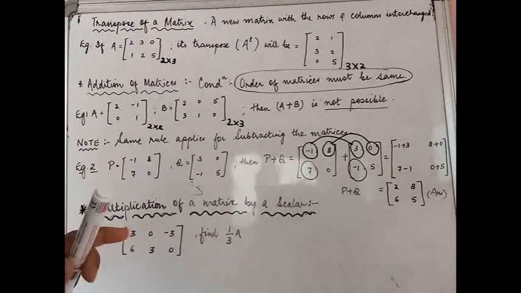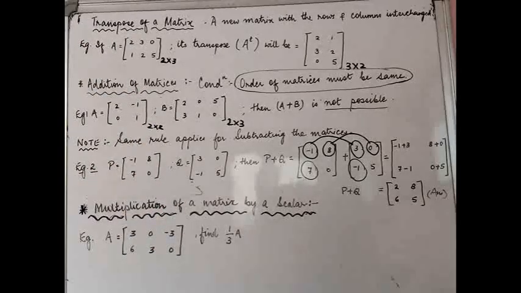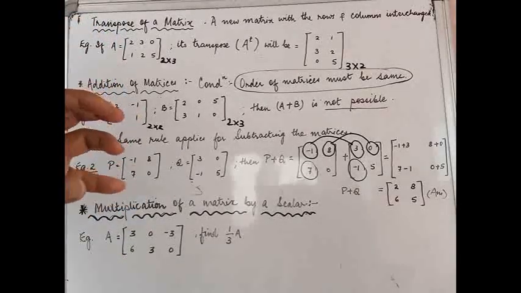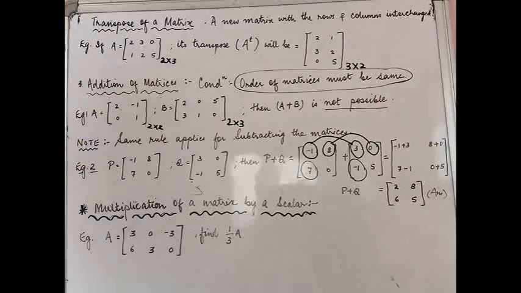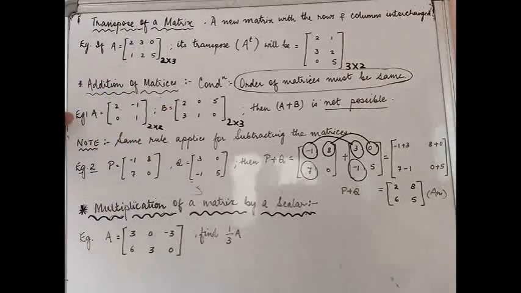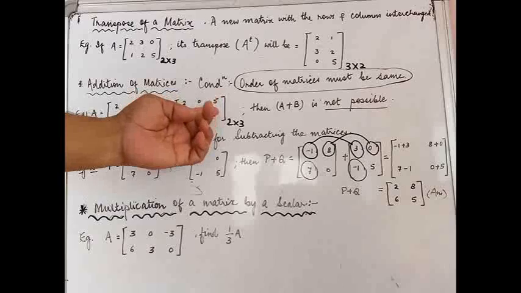So please remember, in case of addition of any 2 or any 3 matrices, you will have to first of all ensure that all those matrices that are getting added should have the same order. If they don't have the same order, you will not be able to pick out the corresponding entries to be added. For example, if we go back to example 1, you can add this 2 with this 2, you can add this minus 1 with this 0, but then what will you add this 5 with?